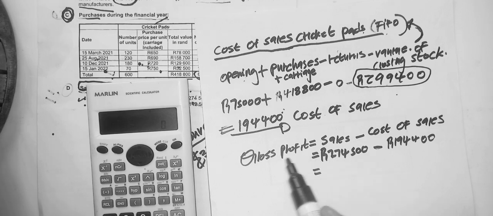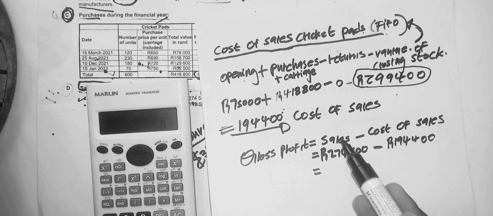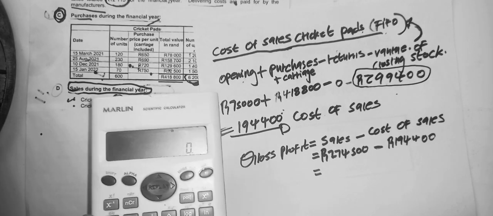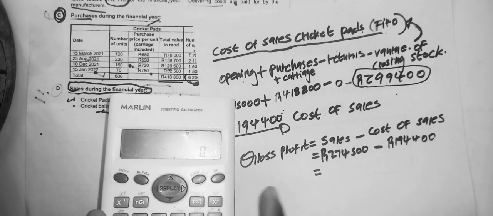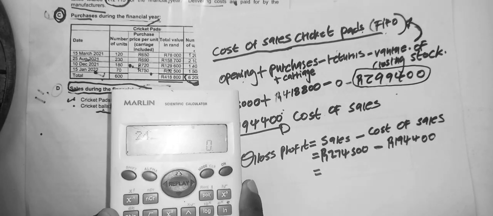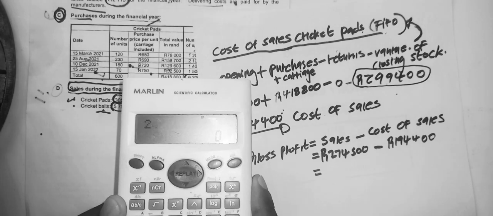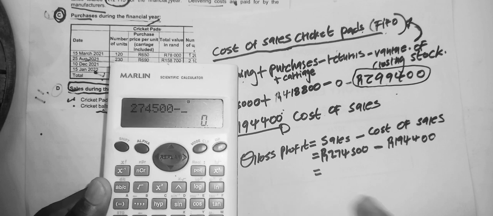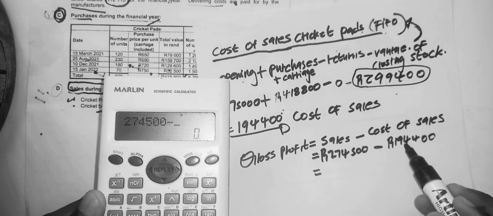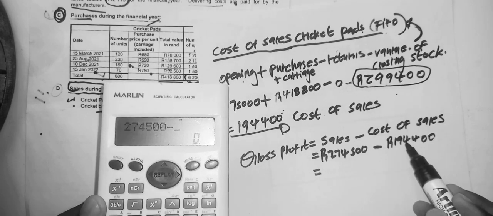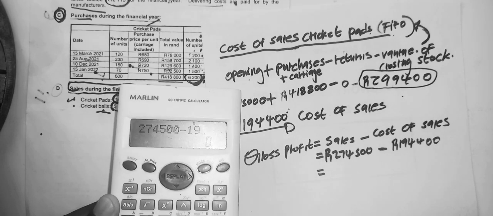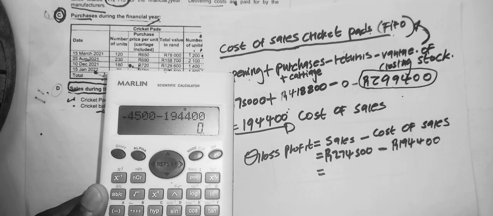But anyway, gross profit, sales minus cost of sales. Let's punch our calculator. Our sales is how much? 274,500 minus cost of sales, which is 194,400.